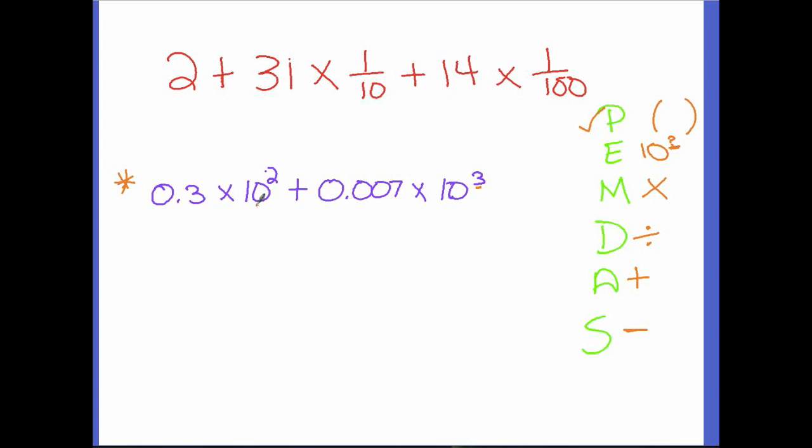Okay, so what's 10 to the power of 2? 100. And what's 10 to the power of 3? 1,000. Then you just add these numbers back onto it.